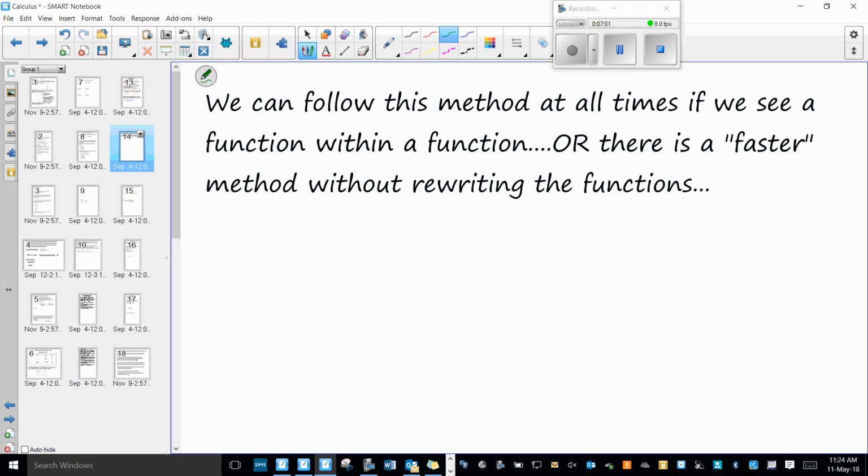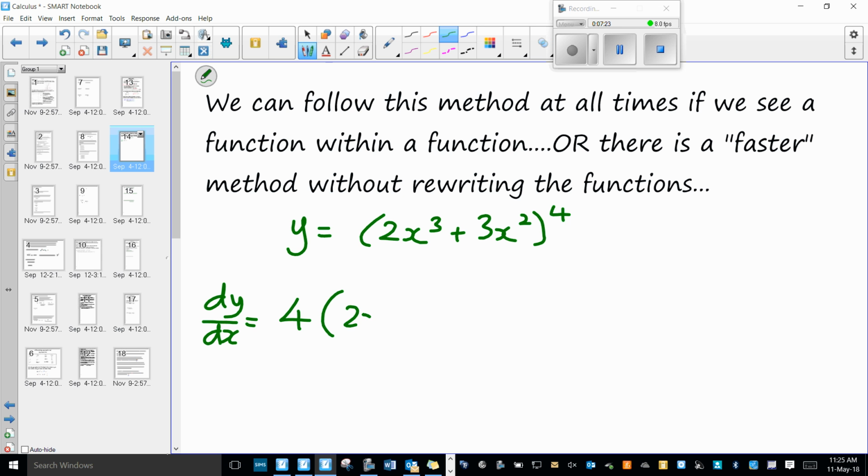So, as I said, we had y equals (2x cubed plus 3x squared) to the power of 4. To find the derivative, we would just say 4 bracket 2x cubed plus 3x squared to the power of 3, multiplied by 6x squared plus 6x.